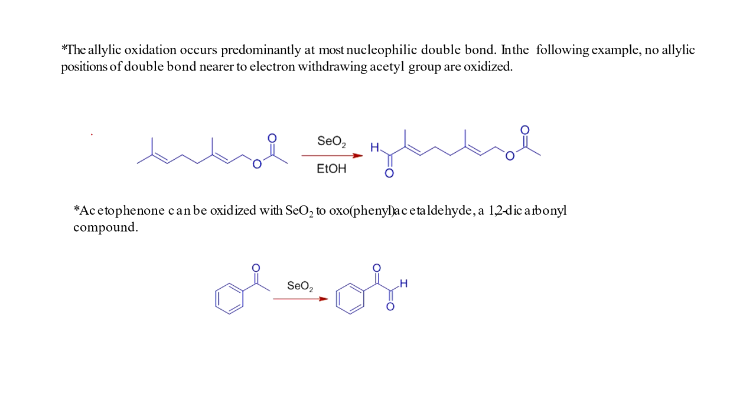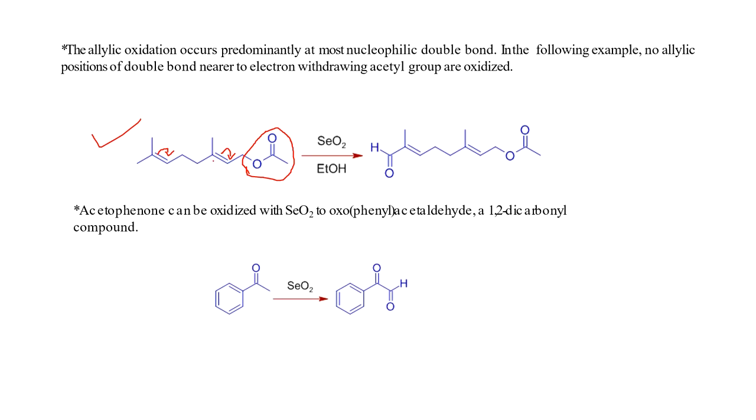See, for example, in this case here, this pi electron may be shifted to here, and this to here. Here is an electron withdrawing acetate group.